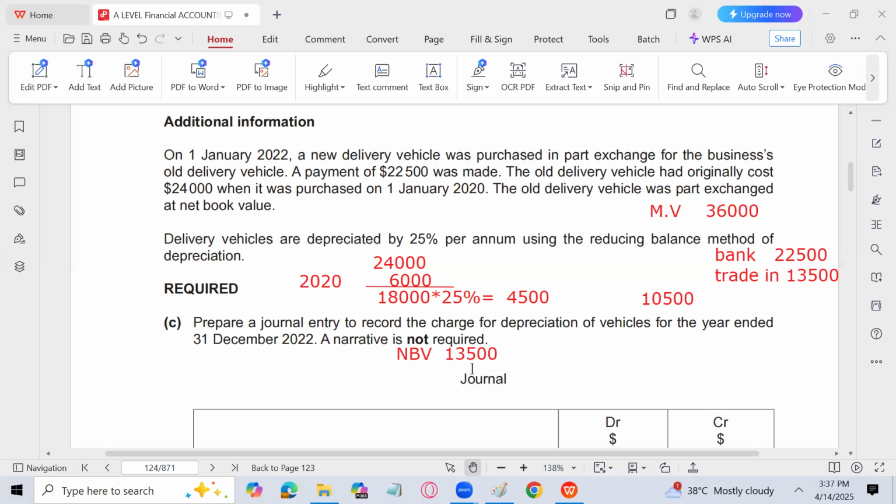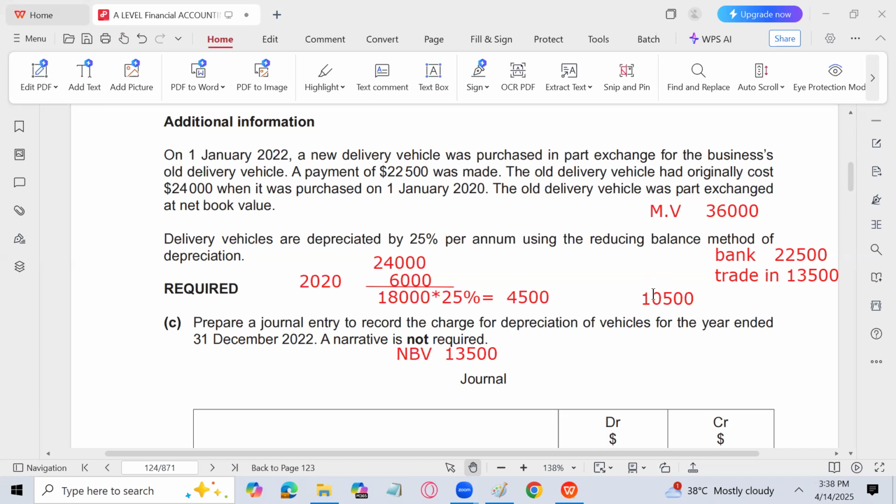Now this 13,500 net book value is compared with the sale proceeds, which is again 13,500, because the trade-in value is also 13,500. It means that in the price of the new asset, we have been given a trade-in allowance of 13,500, and a payment of 22,500 was made. We paid 22,500 and did not have to pay the remaining 13,500 because of the trade-in. So the cost of the new vehicle is 36,000. So we are done with that.